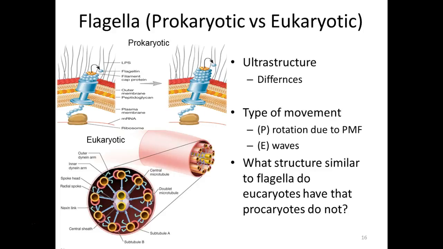So for bacteria or prokaryotes, their flagellum is made up of a single protein known as flagellin. And these proteins stack up on themselves. The movement of the flagella is due to proton motive force.